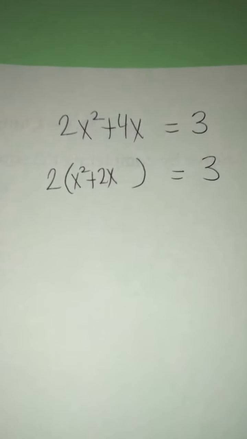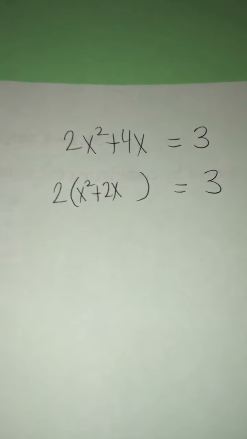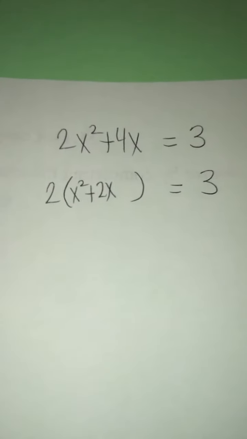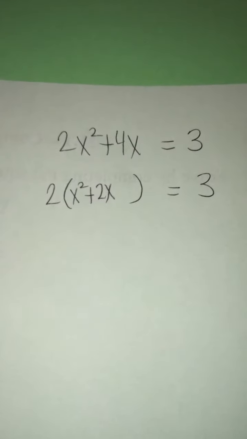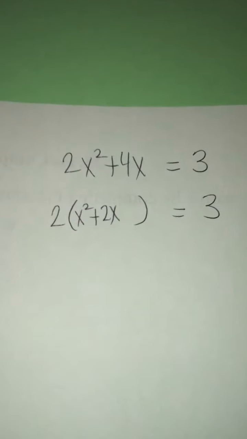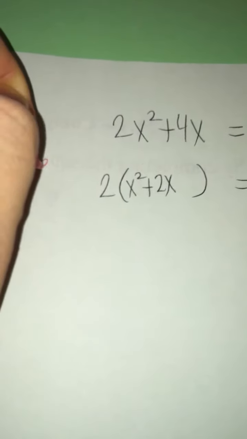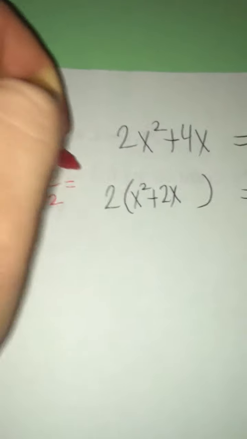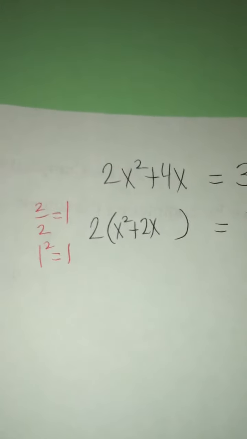Now, the next step, take half of the middle term, which the middle term is 2. Half of 2 is just 1. And then you square that. So in other words, half of 2 is 1. And if you square 1, that's still 1.